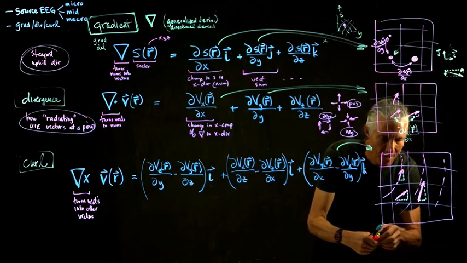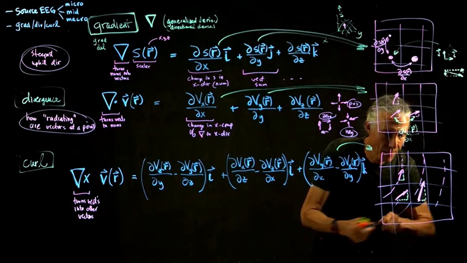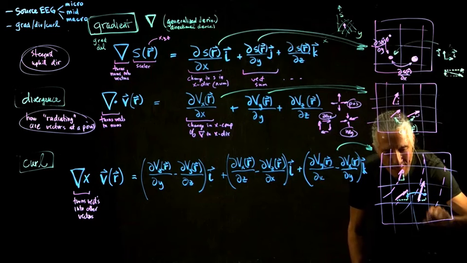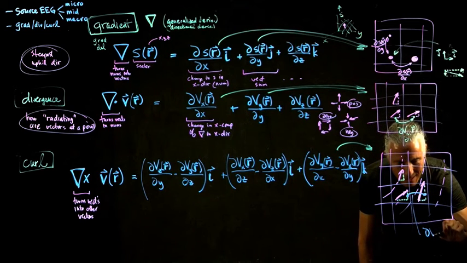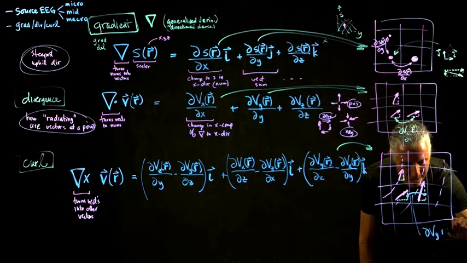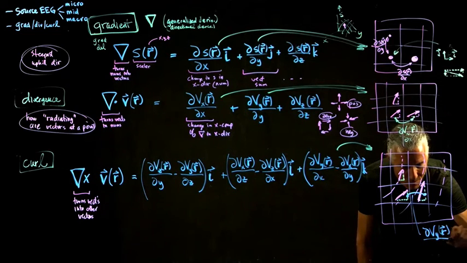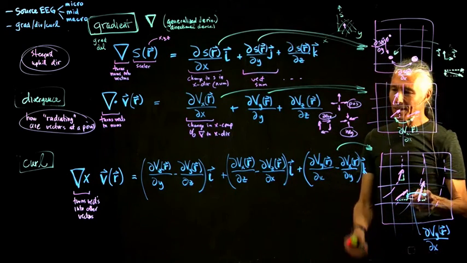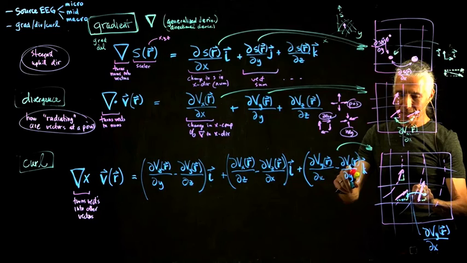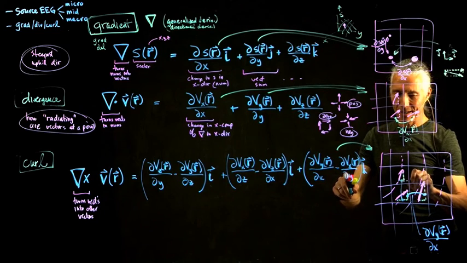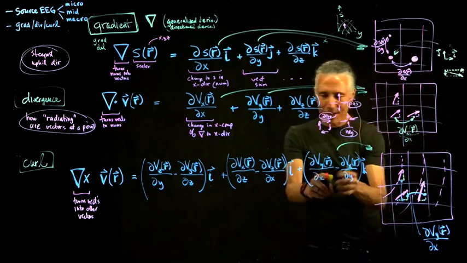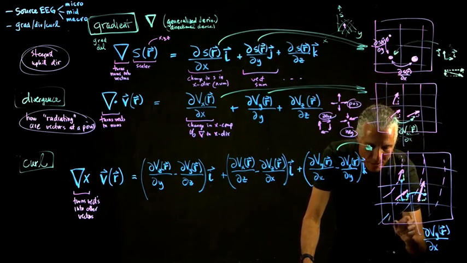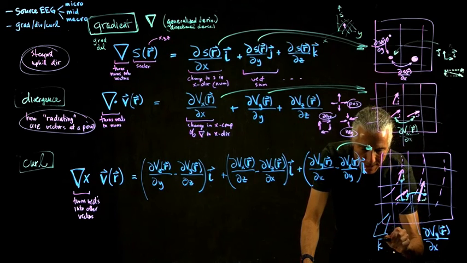If we compare this guy to this guy, that would be the change in the y component of the vector when you move in the x direction. And then similarly, you would have the change in the x component here as you move in the y direction. Then we subtract those two, and then we multiply by this vector. And remember, the k vector is going to be coming out at you. So this is the k vector. It's coming out of the plane.